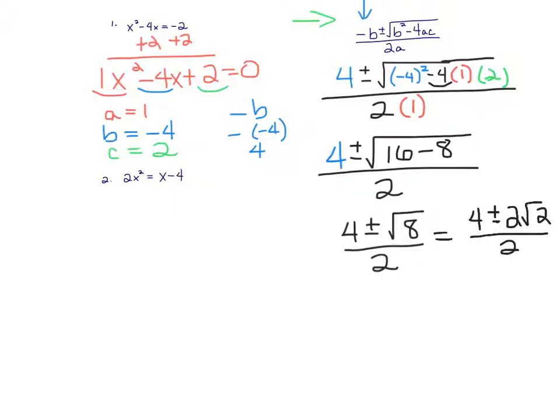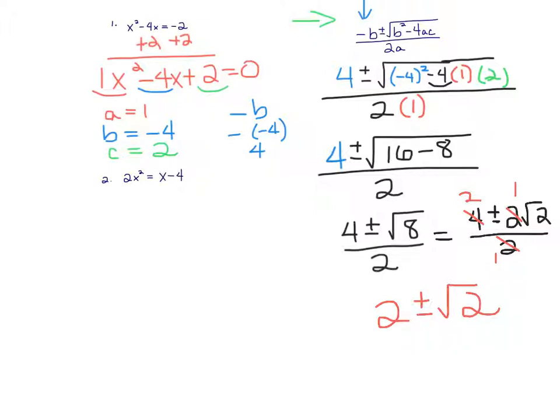If you can simplify all 3 of the numbers that are outside of the square root, you do that. This becomes a 1, this becomes a 1, this becomes a 2. Final answer here is going to be 2 plus or minus the square root of 2. I don't need to leave a denominator of 1.